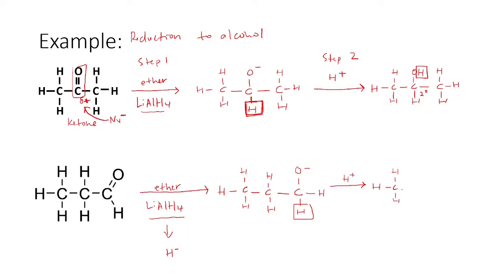The difference is that you only need to add H. Okay, this is the H that you are going to add to the compound. Okay, so this is primary alcohol. So aldehyde will produce primary alcohol.